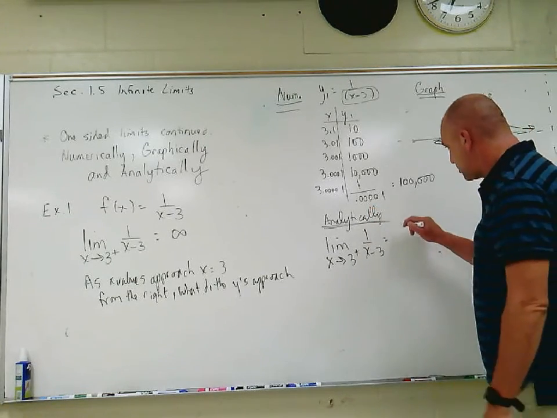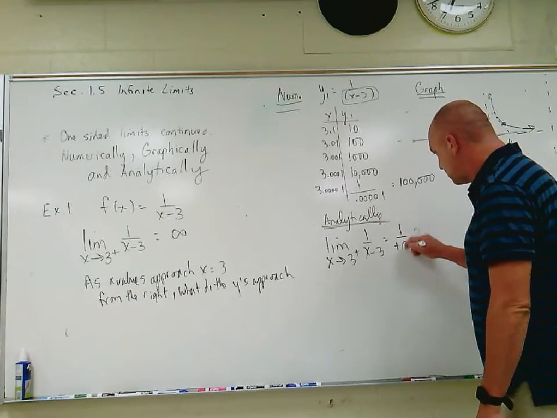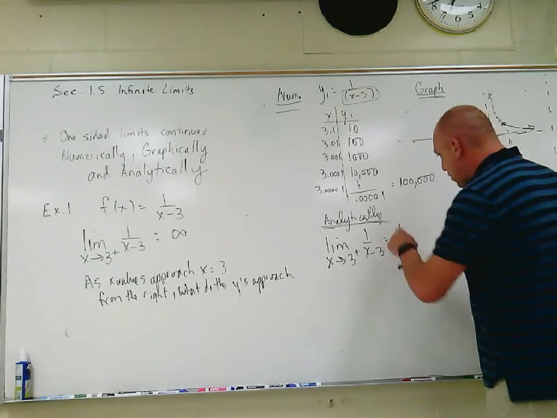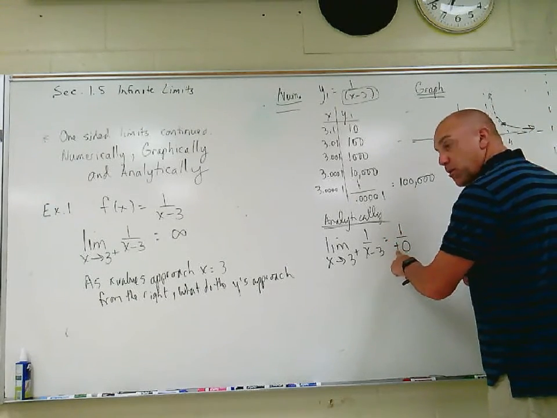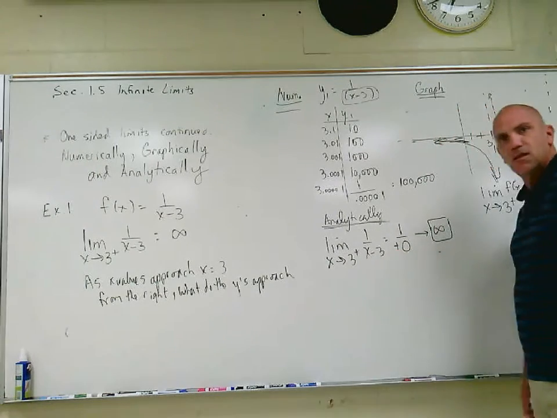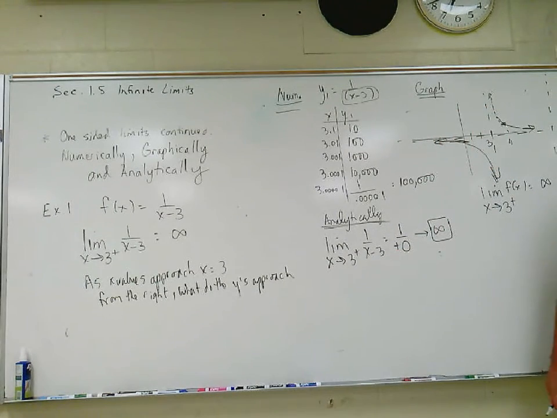So I'm going to put that it's 1 over a positive 0. Right? Because it's approaching 0, but it's approaching 0 with positive numbers, not negative numbers. 0.1, 0.01, 0.001. And thus, I know that 1 over a very, very small positive number has to approach infinity. And that's the thought process that I use. That's how I'm doing it analytically.